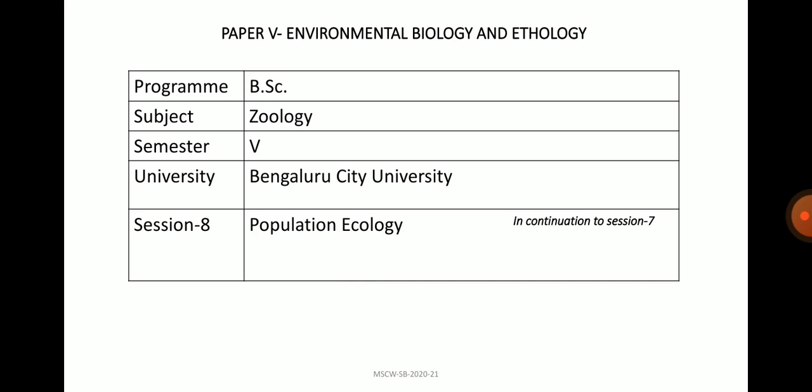Further, you have learnt that the ratio of age groups in a population determines the reproductive status of a population and also may indicate what is expected in future.